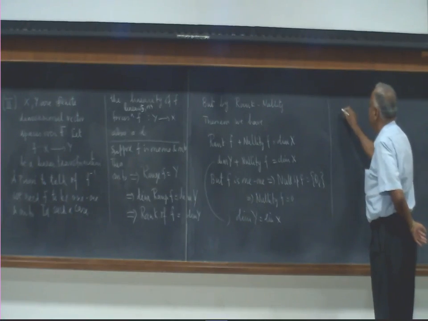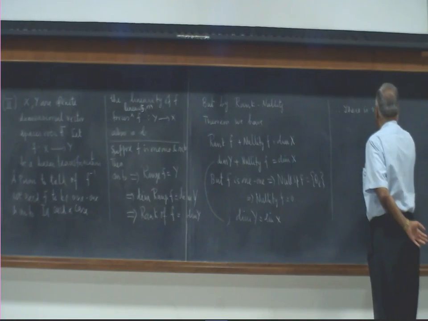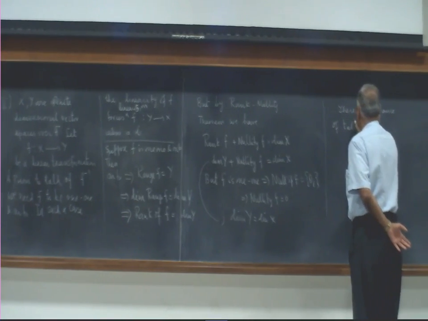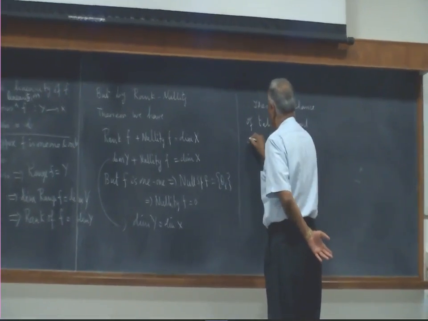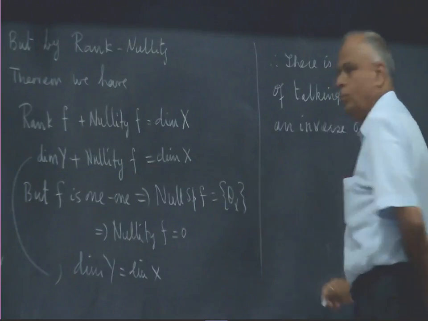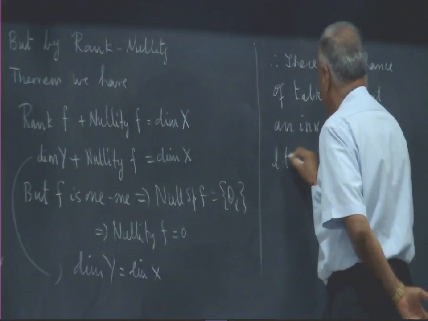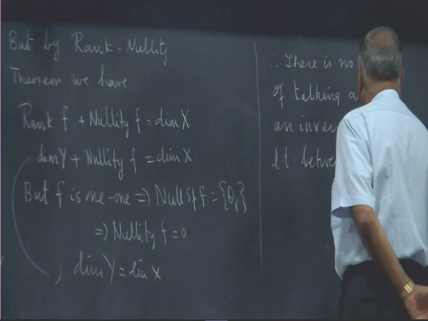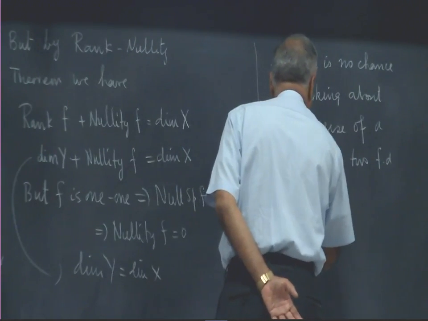So let us look at the same dimension. There is no chance of talking about an inverse of a linear transformation between two finite dimensional vector spaces of different dimension.